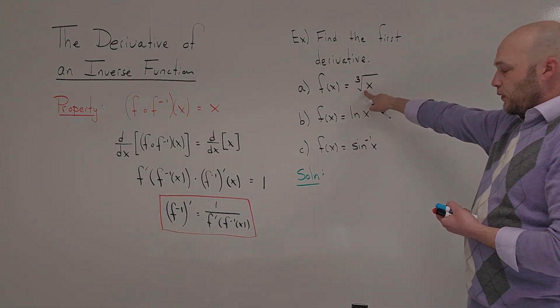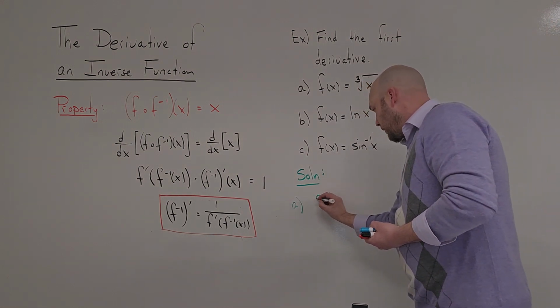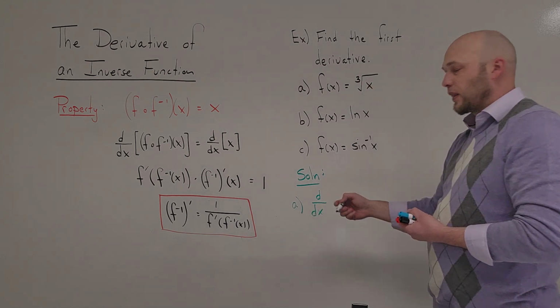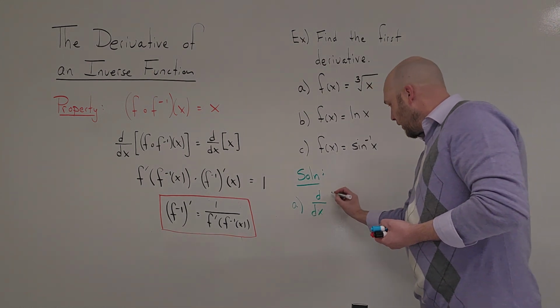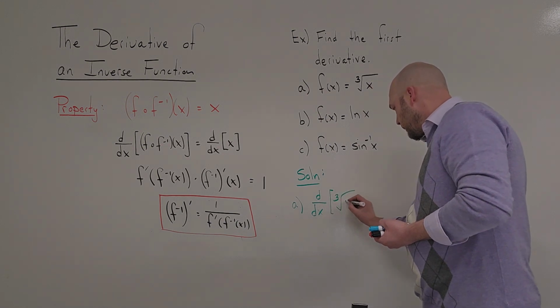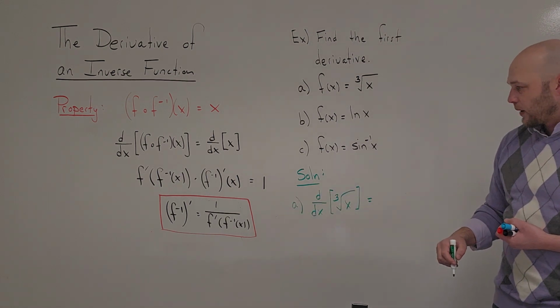If I want to find the derivative of this, so let's write this out for part A. Here I'm going to go back and forth between prime notation and Leibniz's notation, but I'm trying to find the derivative of the cube root. Let's match this up with the formula in that red box.